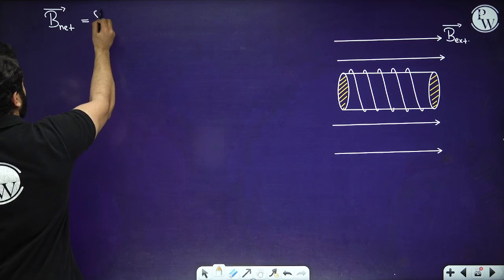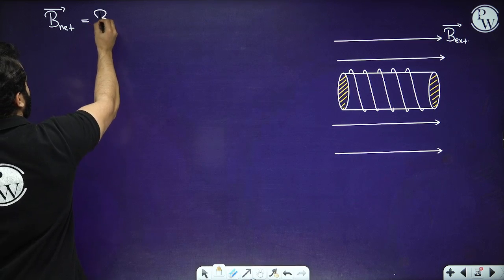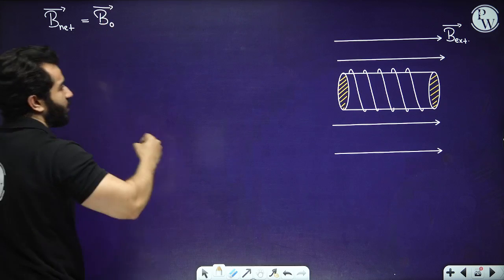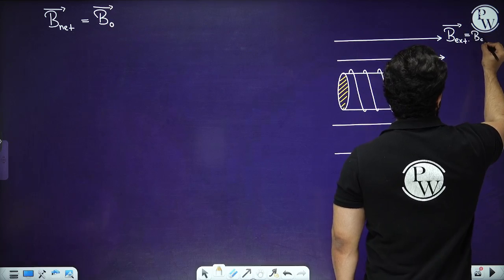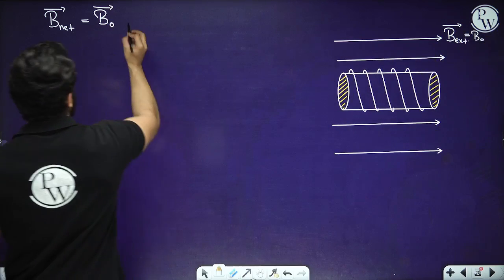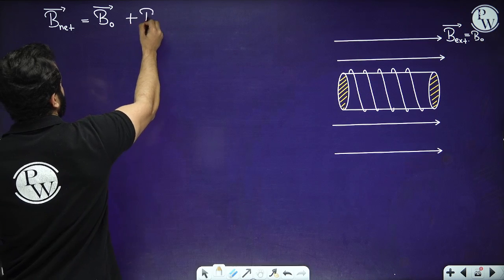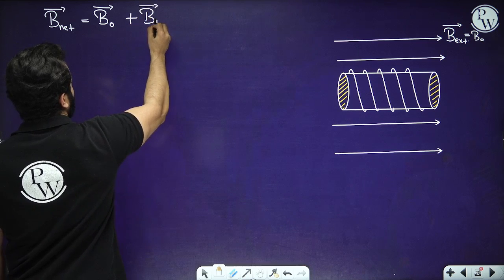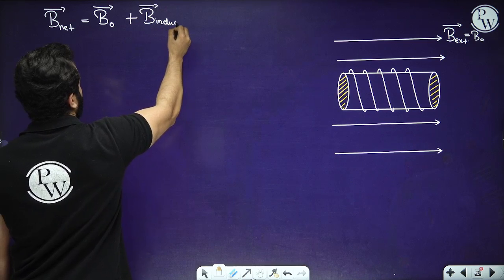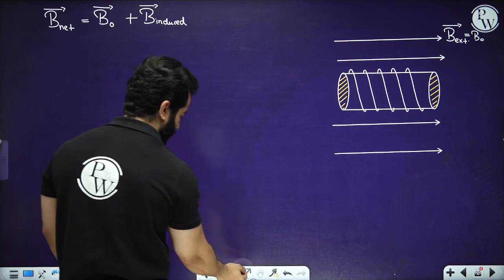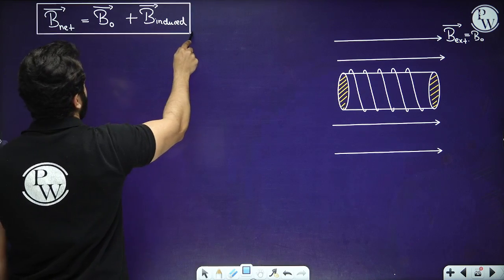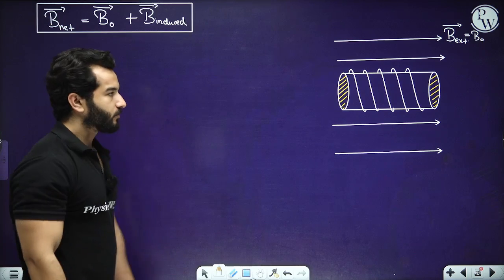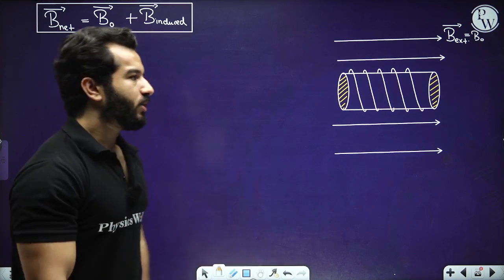One is because of the exterior part, that is the applied magnetic field, which in this case was B external, and one is going to be due to the induced magnetic field, right?